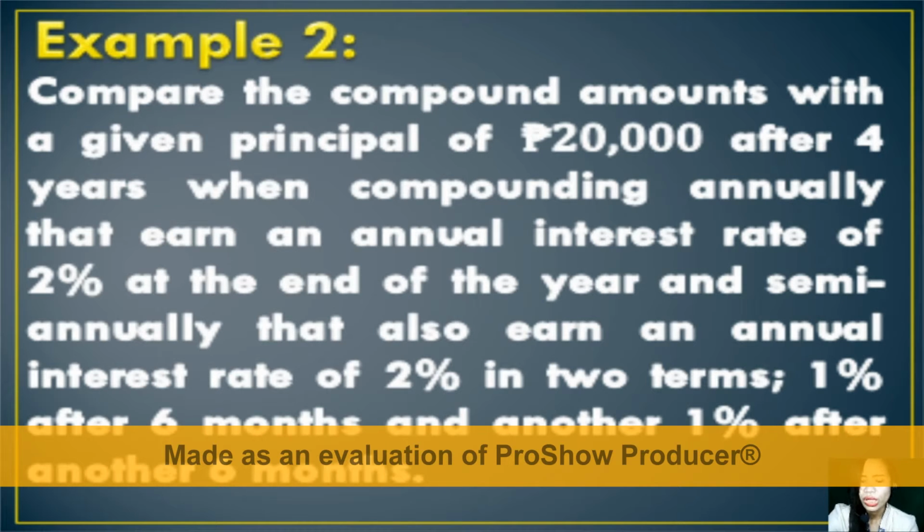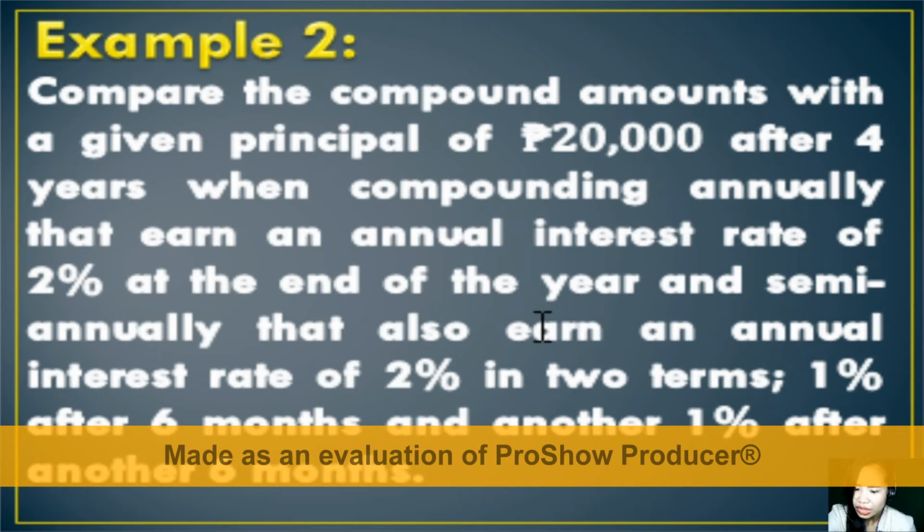If you lack the comprehension and analysis to understand the problem in your first reading, you can read it again. In the problem, you are given the principal, which is 20,000 pesos, after 4 years. The first is compounded annually with an interest rate of 2%.